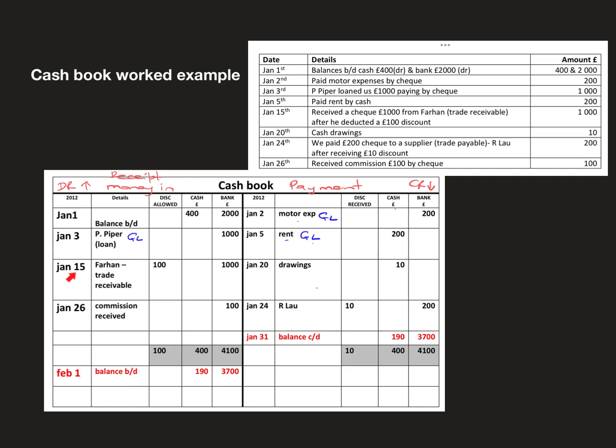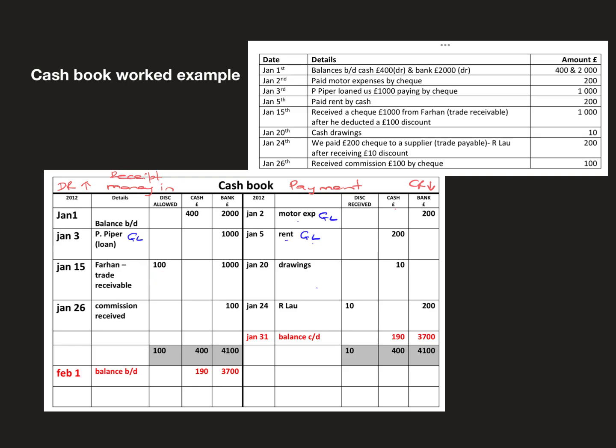So the date, January 15, who you're receiving the money from, which is Farhan, the amount of discount that we are giving to Farhan as a business, and the amount that we are receiving from Farhan in terms of the check. So Farhan has decided to pay early, so he's benefiting from a settlement discount or discount allowed.